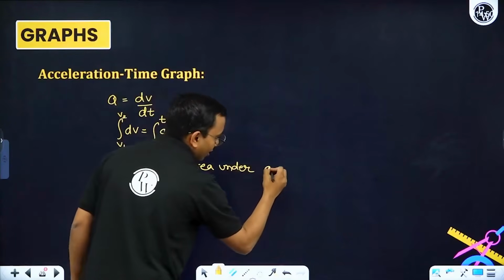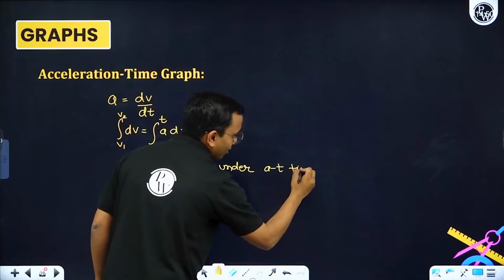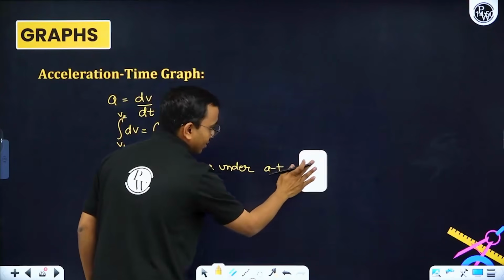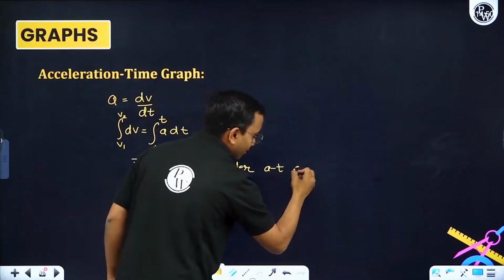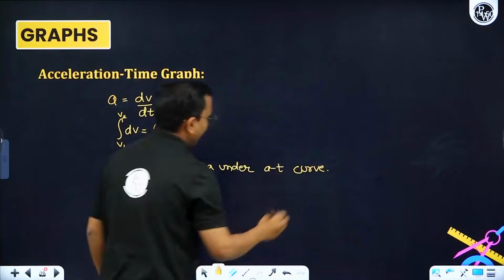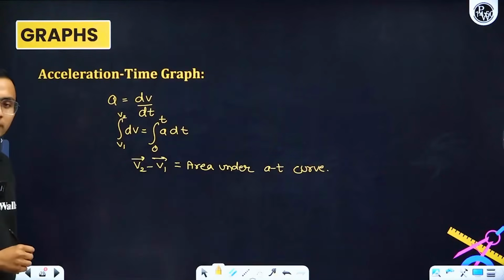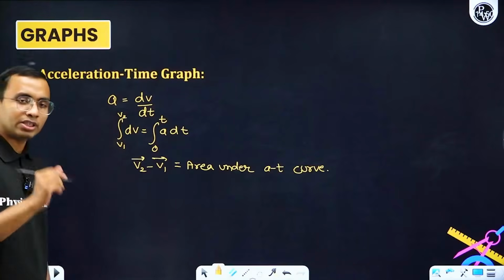Area under the acceleration time curve. So the area under the a-t curve basically gives you what? It gives you the change in velocity.